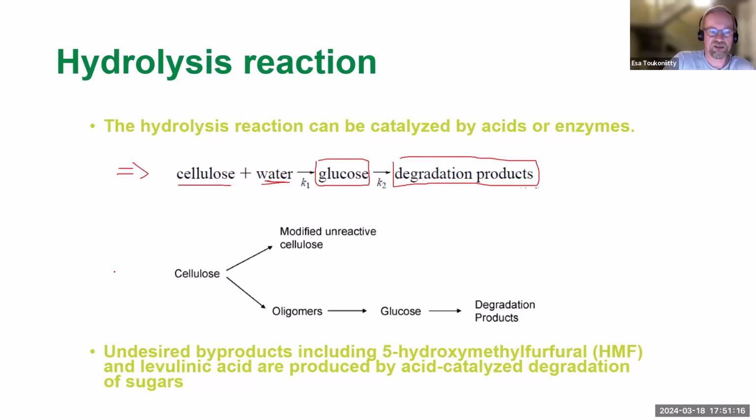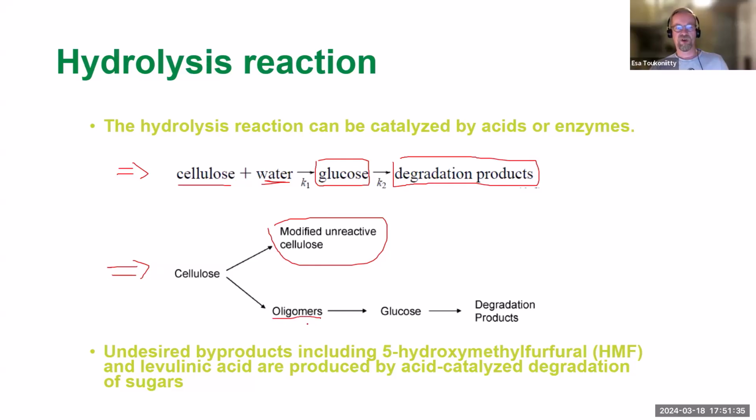But this is a more refined mechanism, where the cellulose actually forms two types of species. It forms these shorter and shorter chain oligomers, which are here.